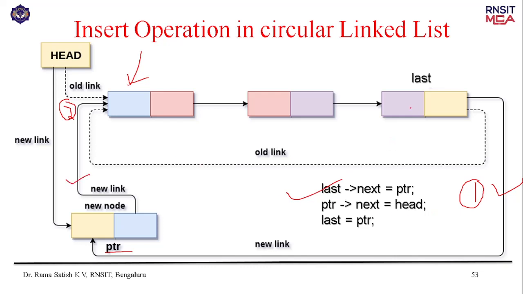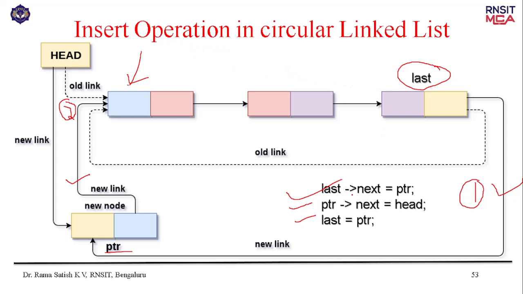So in the first step, the last node is connected to PTR, and in the second step, PTR's next you connect to the head node, that is the first node, and the last pointer you move to PTR. So last is equal to PTR. This is the concept that you have to understand during insertion of a node in a circular linked list.